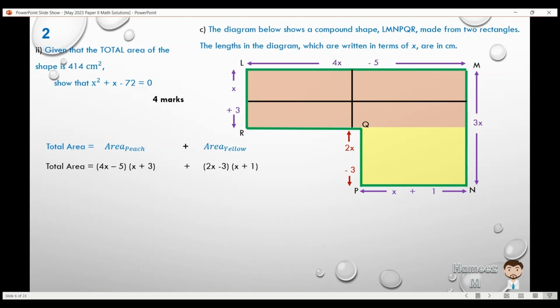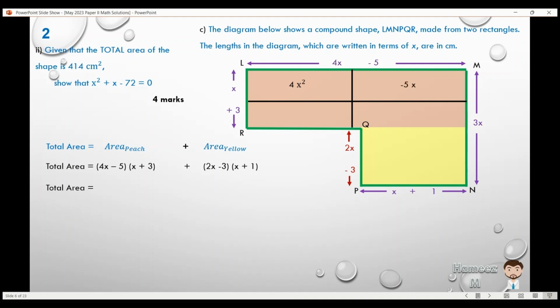They're not really the same, it looks like that. So if we look at this here, can we find the area of each of these small rectangles? The top left small rectangle in the peach area is length by breadth, 4x times x, which will give us 4x squared. And if we look at the top right rectangle, what's the length and breadth? Minus 5 times x, which is minus 5x.